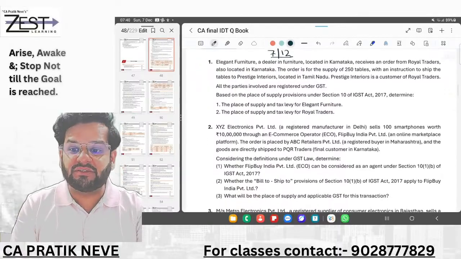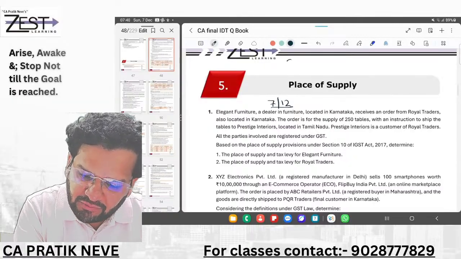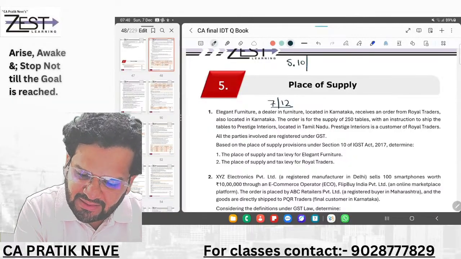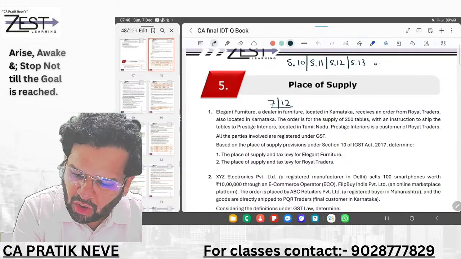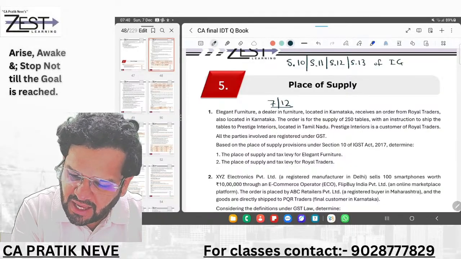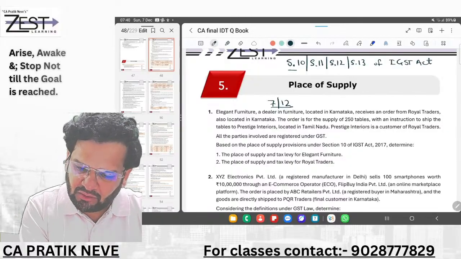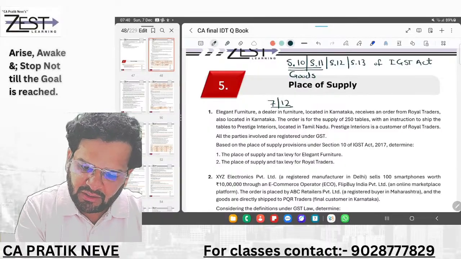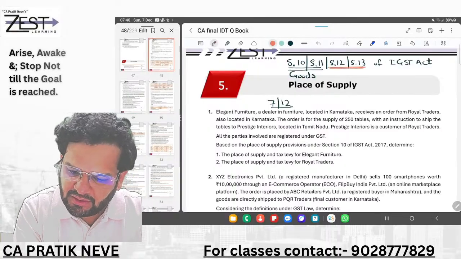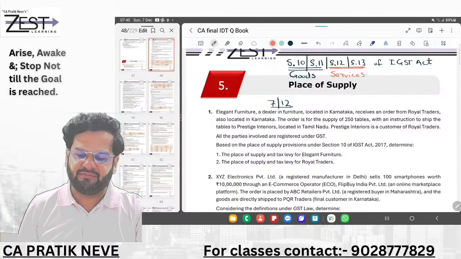Elegant Furniture. Basically, as all of you know, place of supply is covered in sections 10, 11, 12, 13 of the IGST Act. Do you agree? Sections 10 and 11 are place of supply of goods; 12 and 13 are place of supply of services.